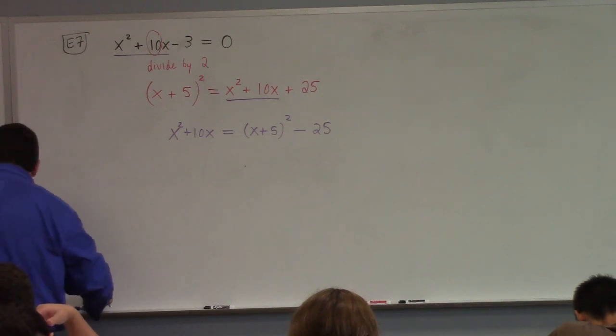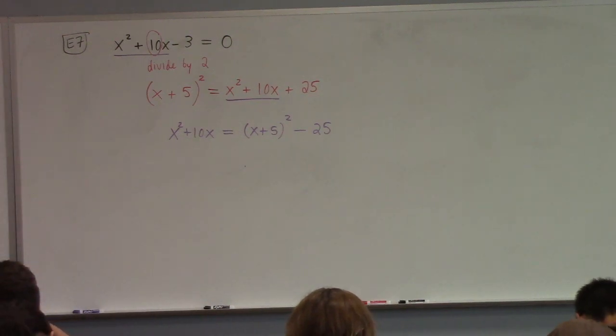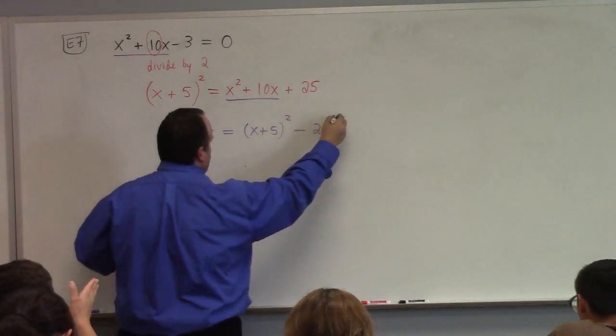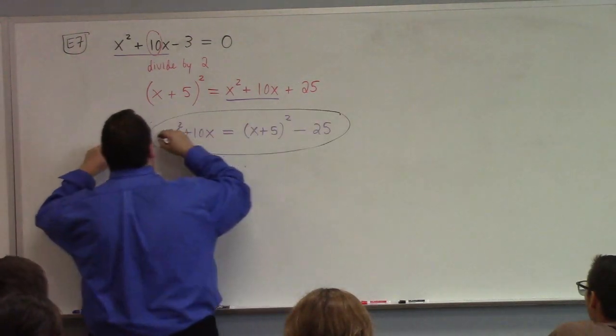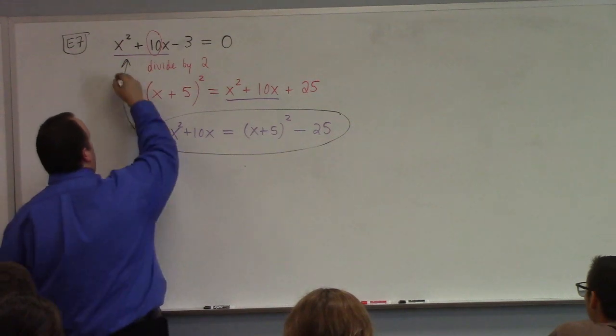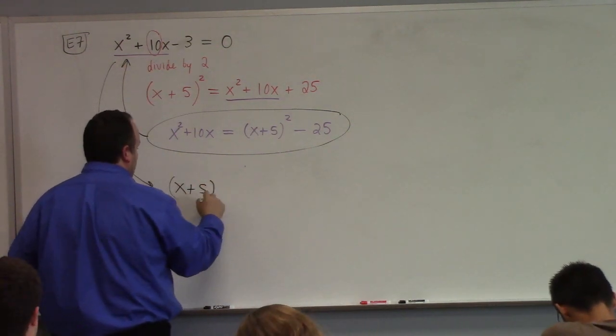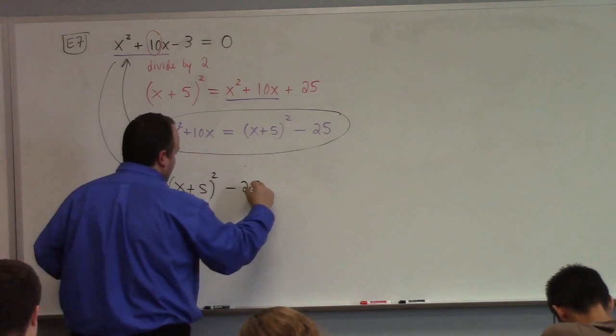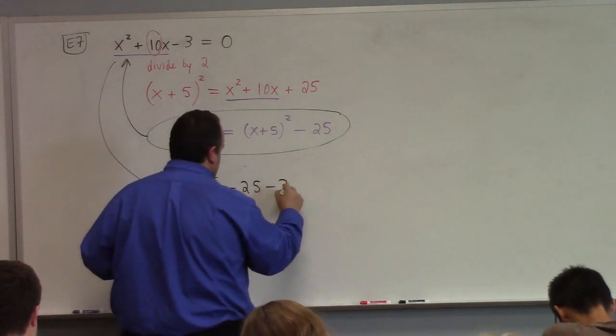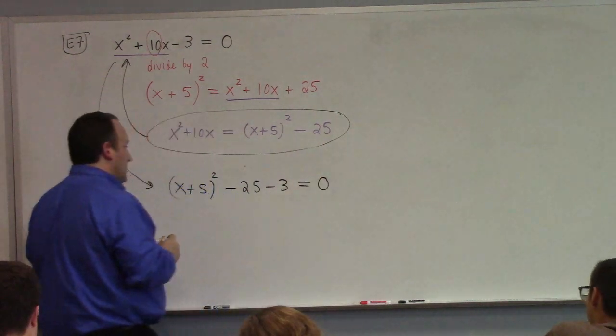So let's use it. Plug that in to the top equation. So I take this, right? And I plug it in up here. And that gives me the following. It gives me x plus 5 quantity squared minus 25 minus 3 equals 0.